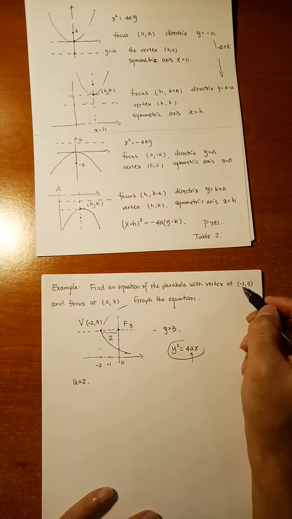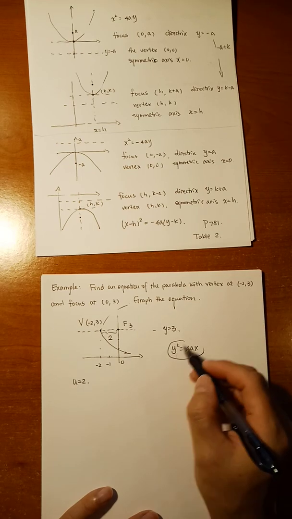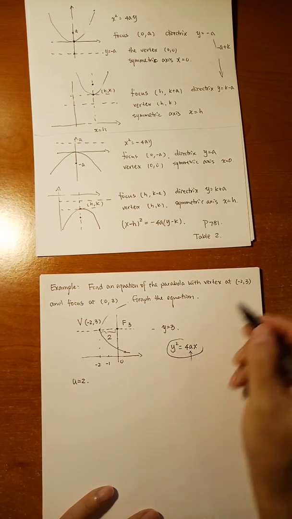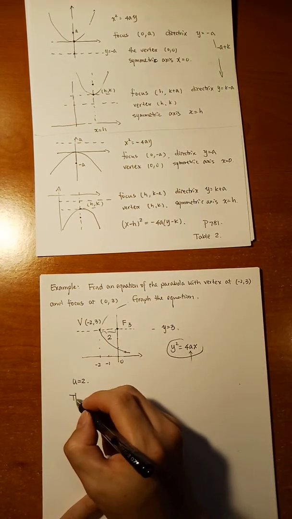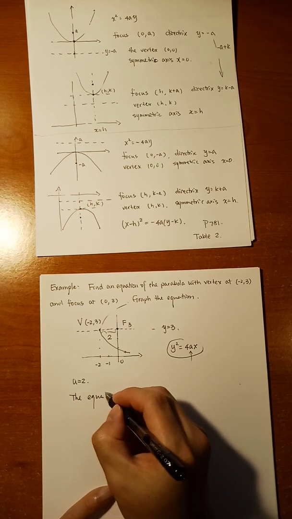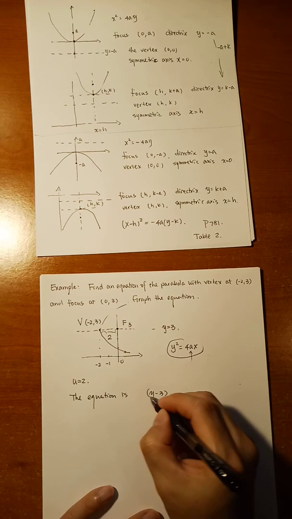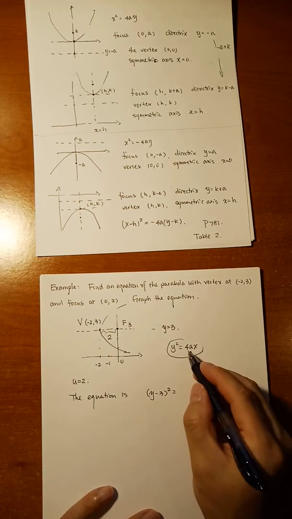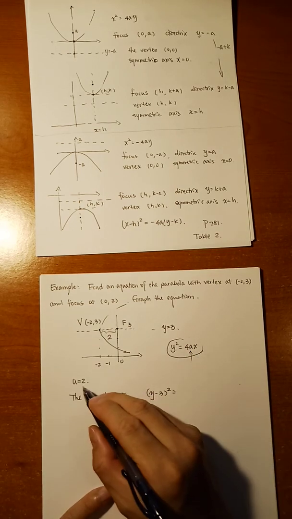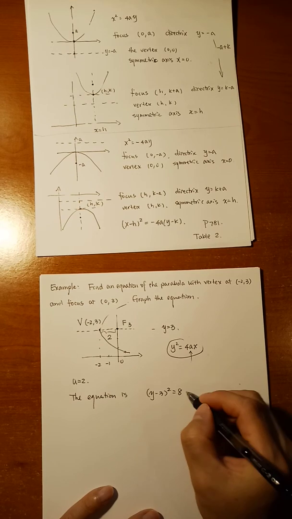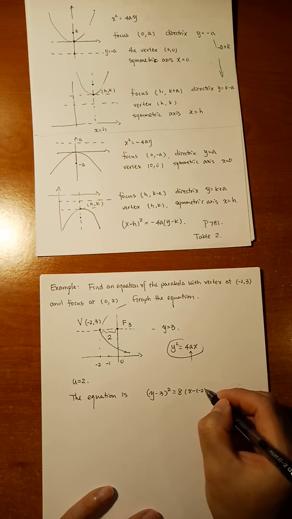And you have the vertex -2, 3, so you are going to use y minus 3. The equation is y minus 3 squared equals 4 times a, a is 2, so 8, times x minus -2.